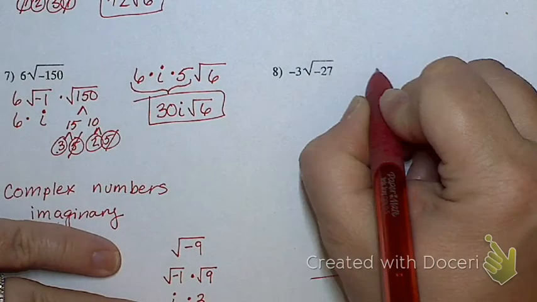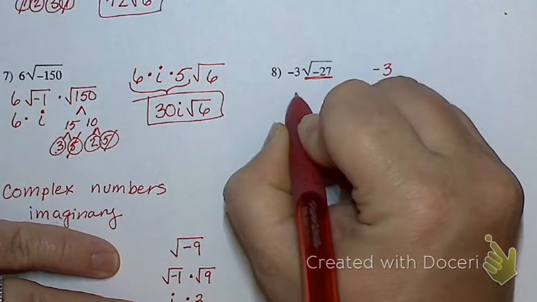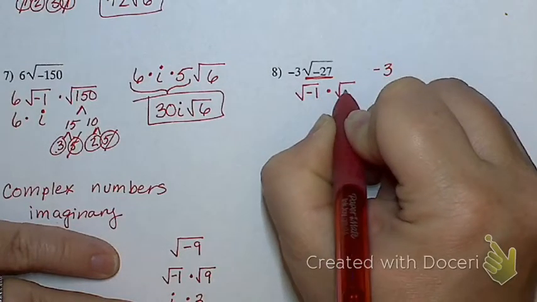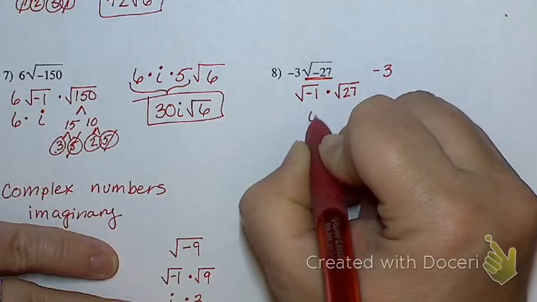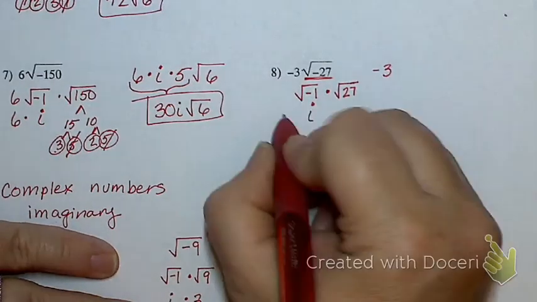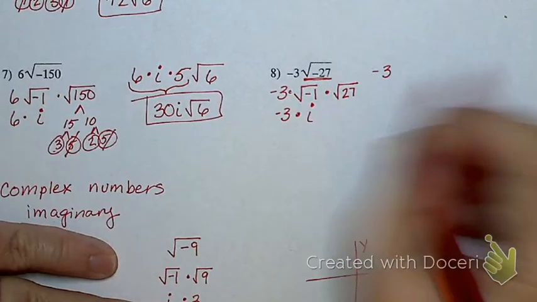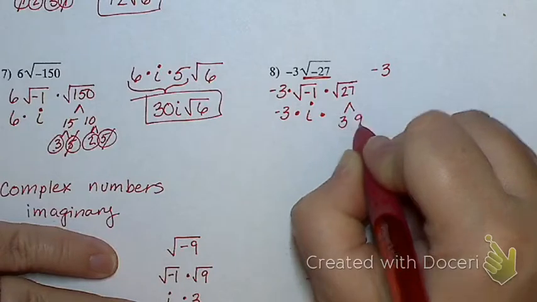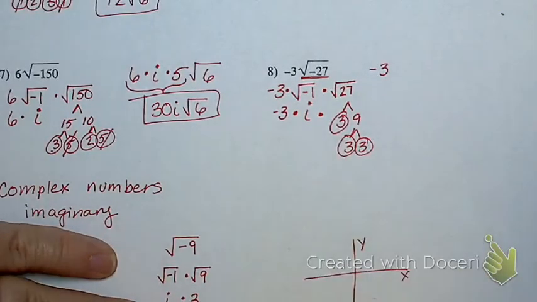Okay. And then finally, number 8. I have a negative 3 out front. I need to think of the square root of negative 27 as the square root of negative 1 times the square root of positive 27. And the square root of negative 1 is i. So I have a negative 3 times i times, let's see, what can come out? 3 and 9, 3 and 3. What else can come out?